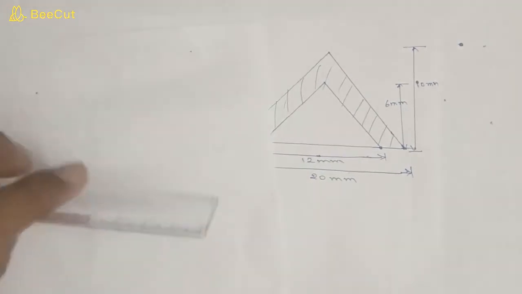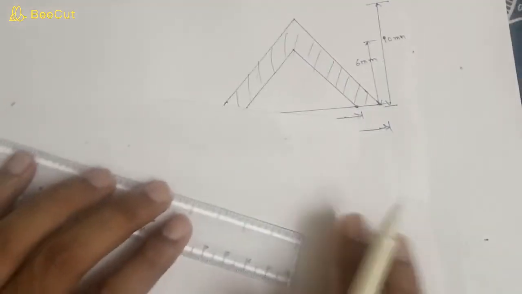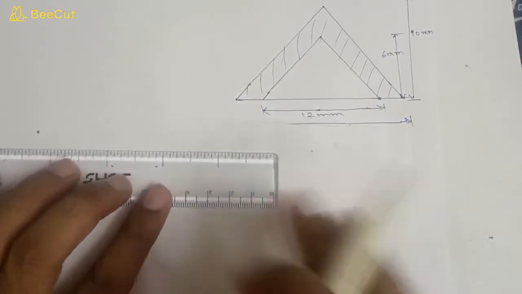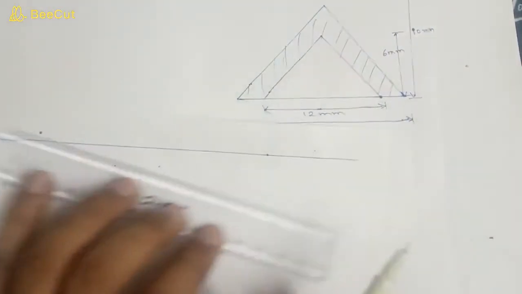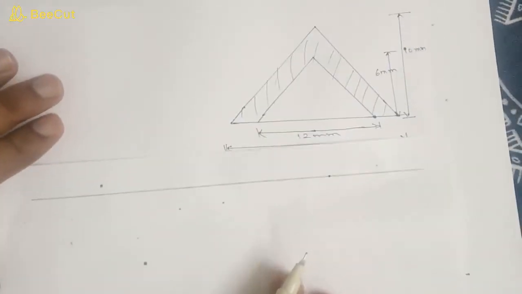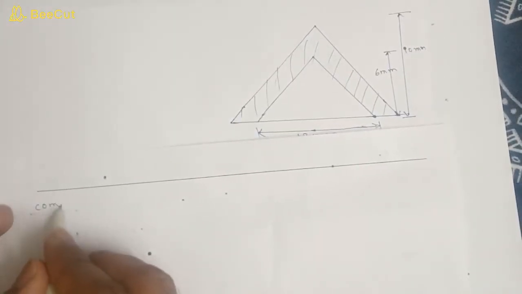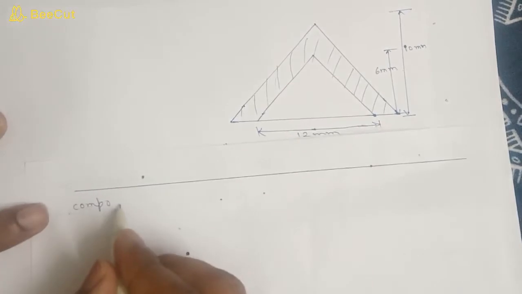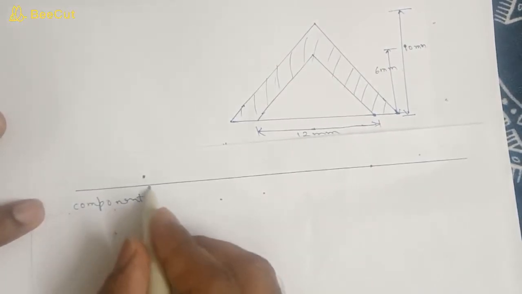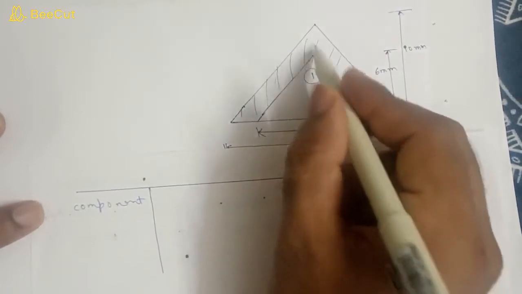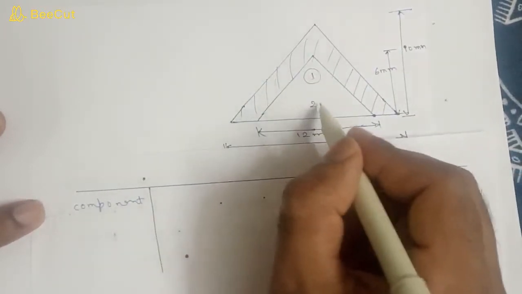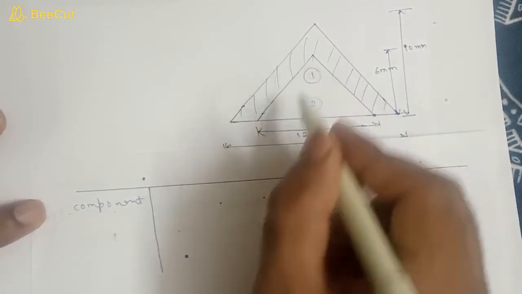First of all, we will make a table, and in this table we will write the values like component. We have two components in this. The first one is this larger triangle, and the second one is this smaller triangle.